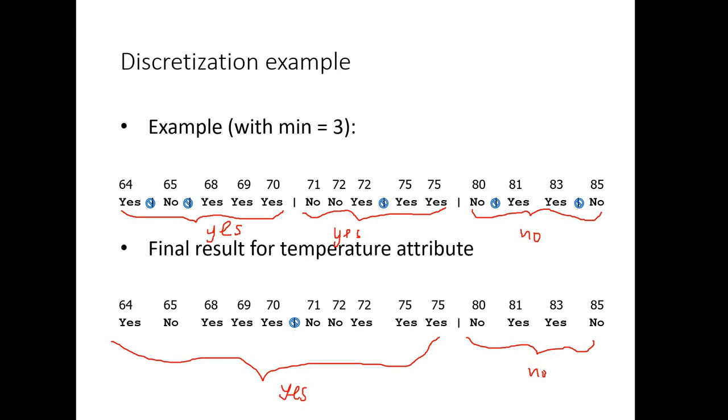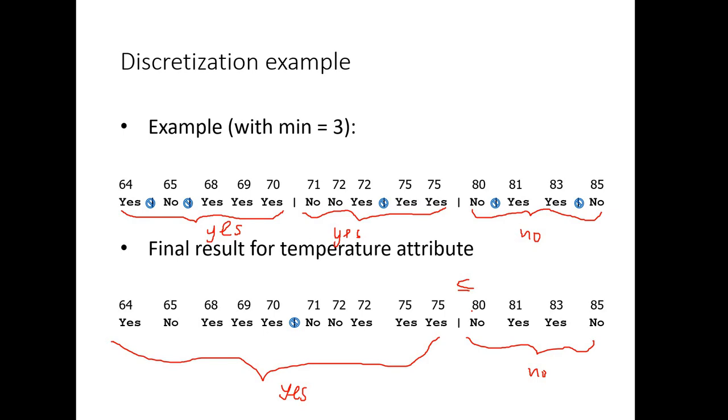What is the interval? We check whether the temperature value is, how do you define the interval? Less than or equal to what? These are the 2 values, 75 and 80.